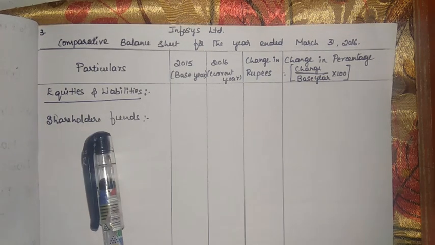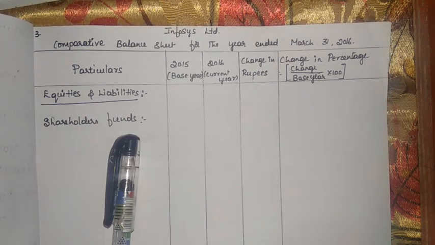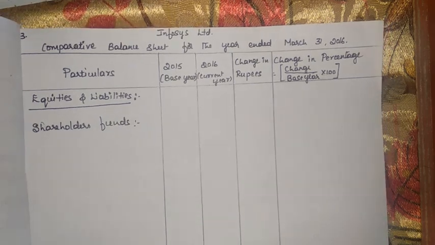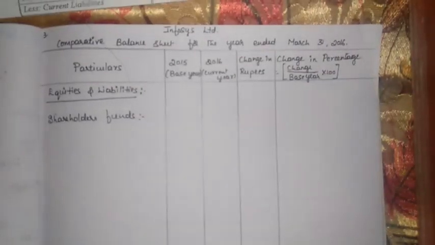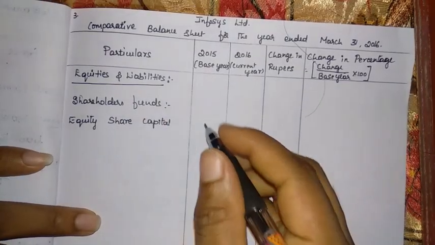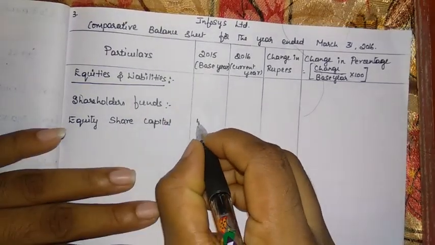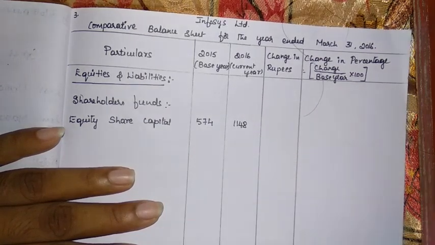First we'll see the liabilities. Equities and liabilities. Under the first head is shareholders' fund. Under shareholders' fund we have equity share capital and reserves. So we'll take equity share capital. In the base year equity share capital was 574, in the current year 1148.